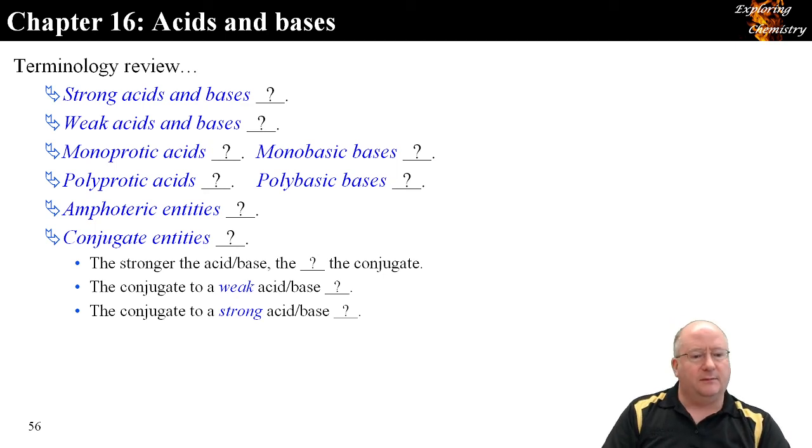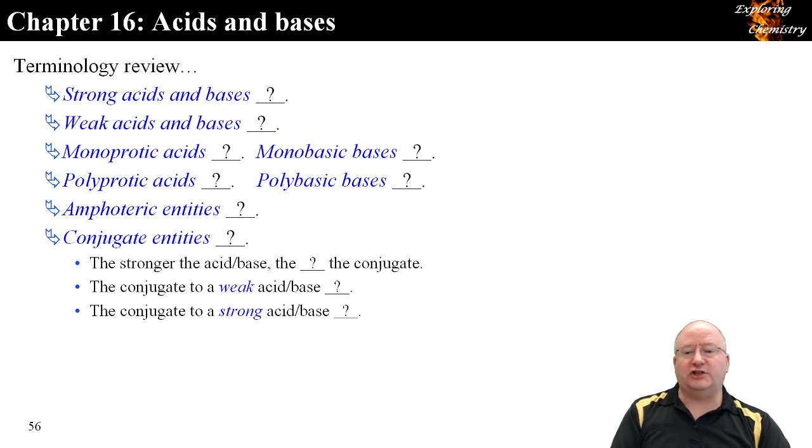That's not helping. What's the conjugate to a weak acid or base? What's the conjugate to a strong acid or base? And yes, but no. The weak acid, stronger conjugate base. So that's probably the best answer.